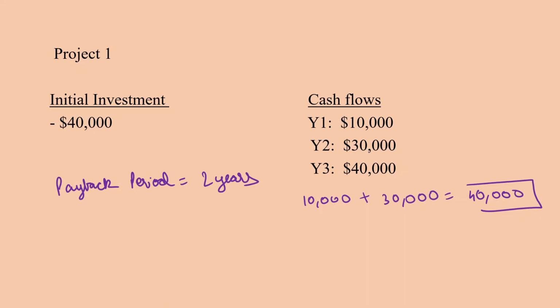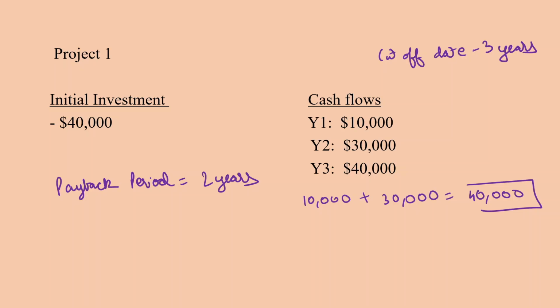Now we need to decide a criteria for accepting or rejecting a project, and that is called the payback period rule. All you got to do is decide on a cutoff date. Let's assume the cutoff date to be 3 years in this case.